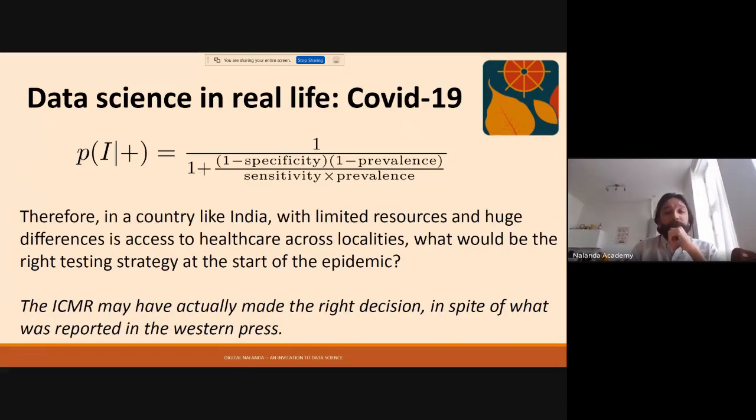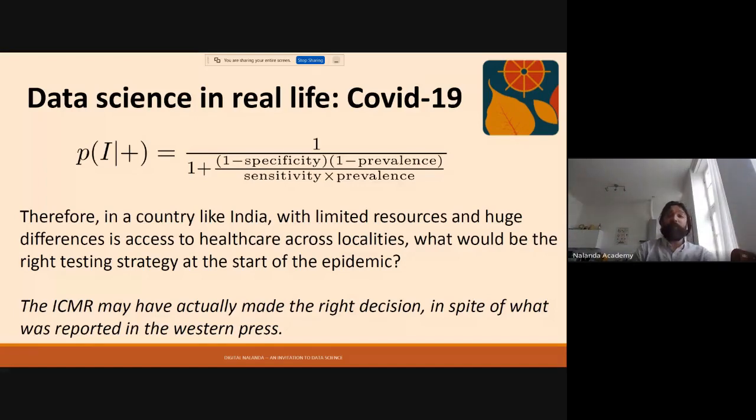In some sense, in a country like India, with limited resources and huge differences in access to healthcare across different parts of the country, across different localities, what would be the right testing strategy at the start of the epidemic? Well, really, testing at the beginning of the epidemic is, as we've seen, potentially a humongous waste of resources, right?